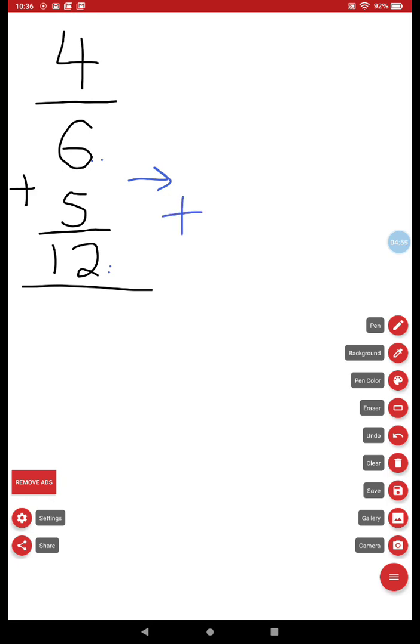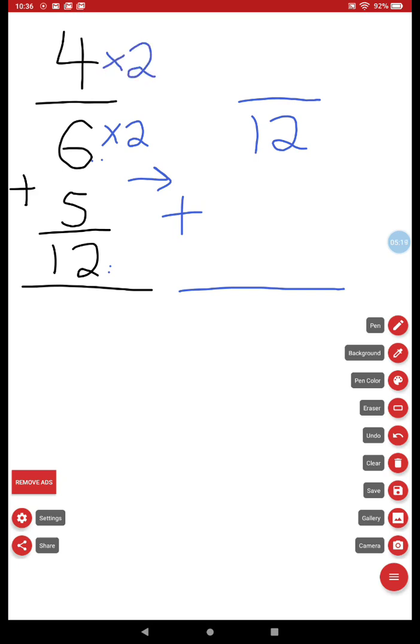Let's rewrite the problem. Well, can I change a 6 into a 12? How? Very good. 6 times 2 equals 12. Whatever I do to the denominator, I have to do to the numerator. 4 times 2 equals what? Equals 8. Very good.